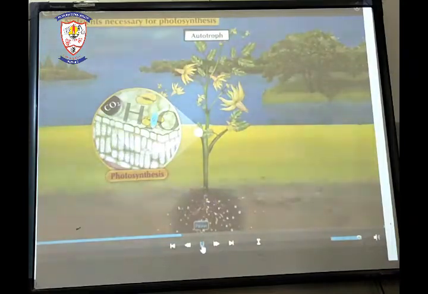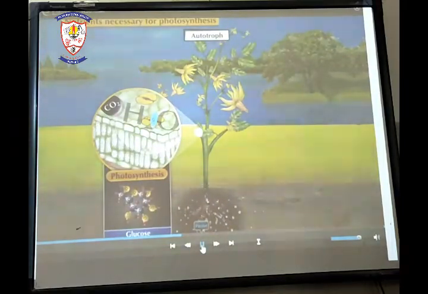Autotrophs need CO2 and water to obtain carbohydrates through the photosynthesis process.